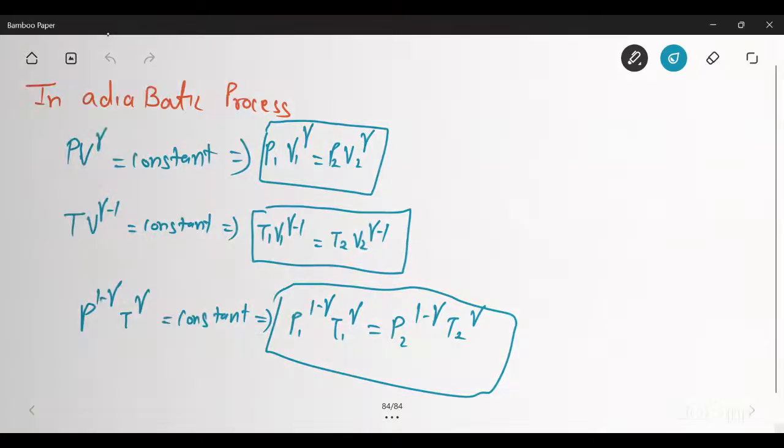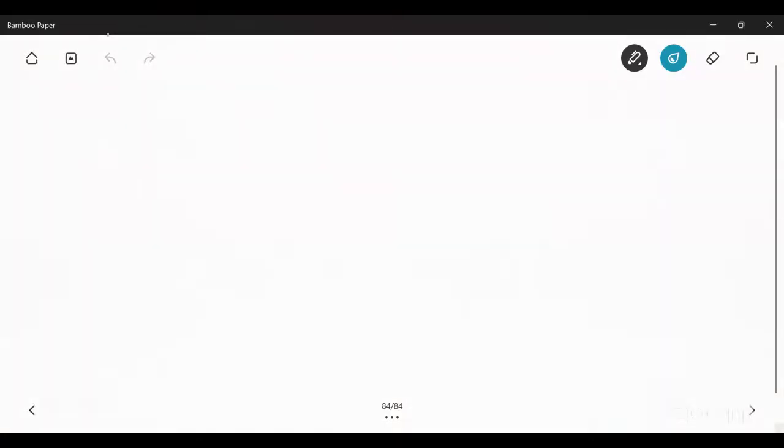Now next is work done in an adiabatic process.